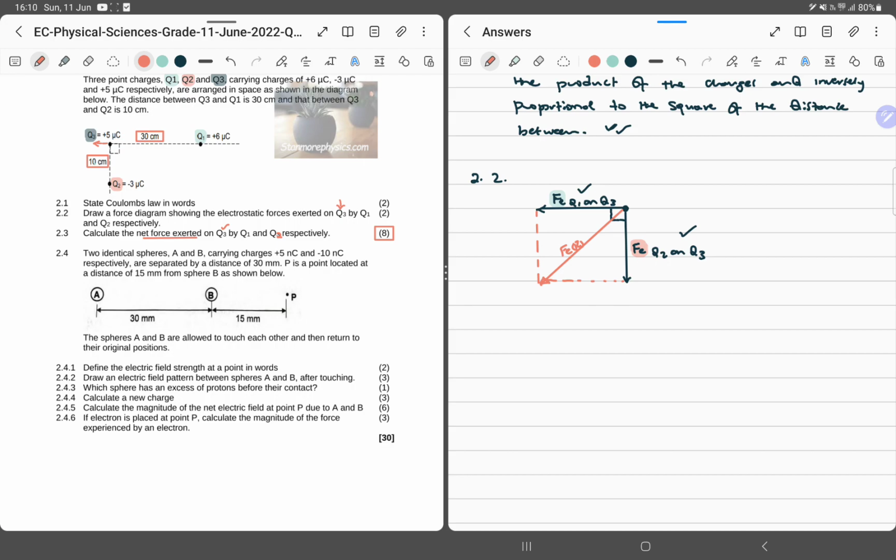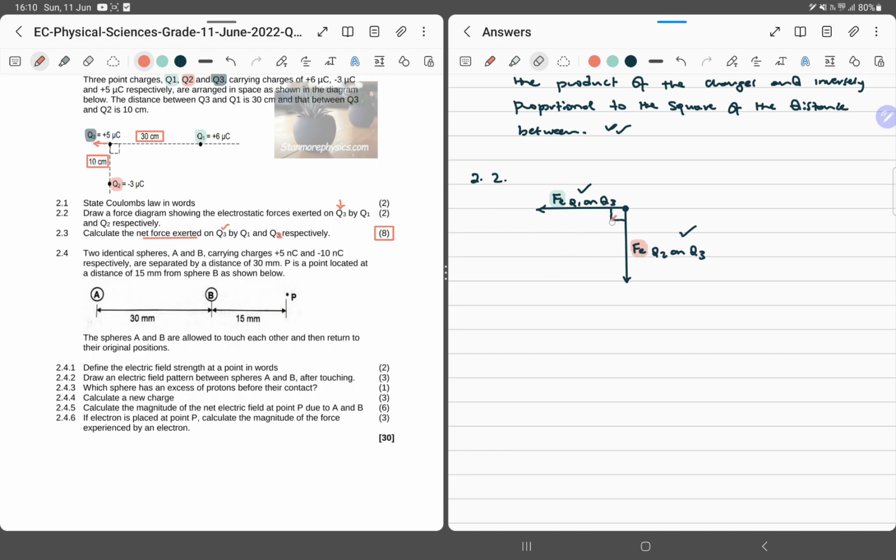So there are 2 things to consider. We need to think about that theta, because when they say calculate the resultant force and they don't say just magnitude, you need to think of direction as well. It's going to be super important. Of course, this was another question, so I was just showing you what you need.